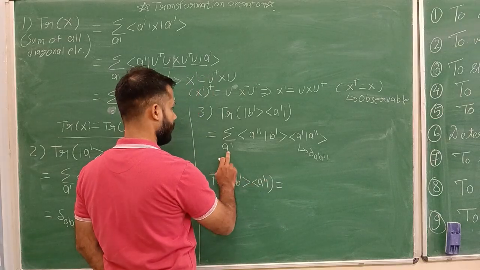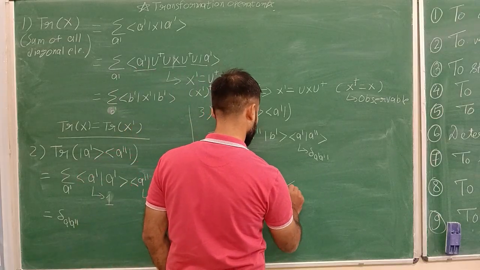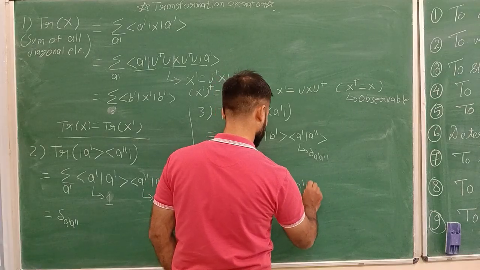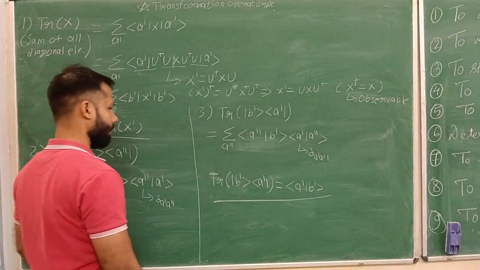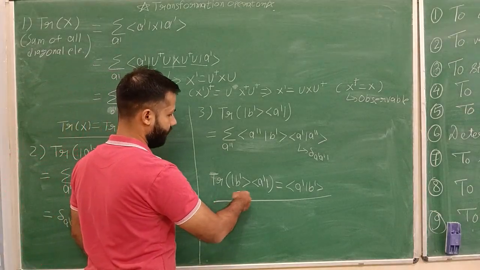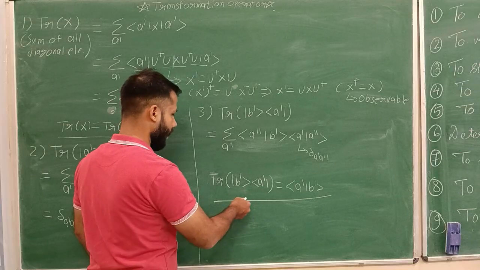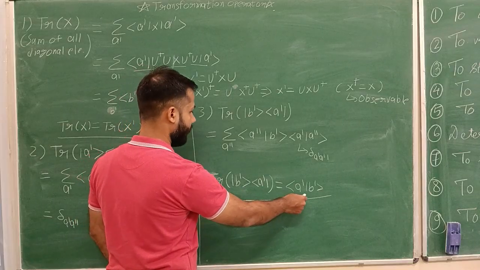This is going to kill this sum, and in return we will get this. So this is an interesting result, that if I take the trace in this old and new eigenbases, in return I will just get the inner product.